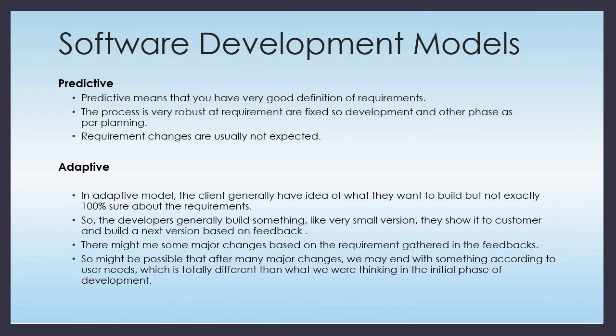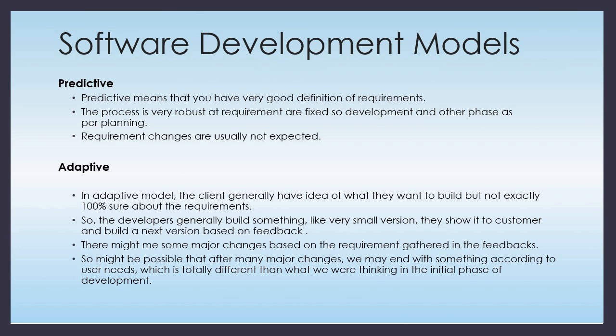When we look into different software development models and practices, we can categorize those models into some categories based on our observation. The first set of categories is predictive versus adaptive. What is a predictive software development model?